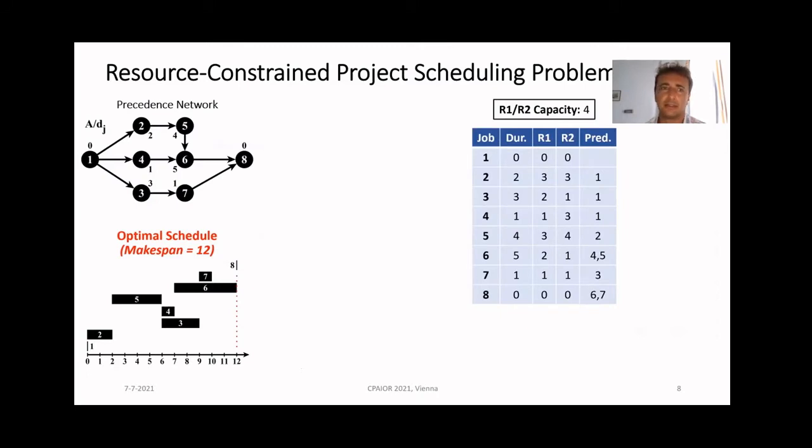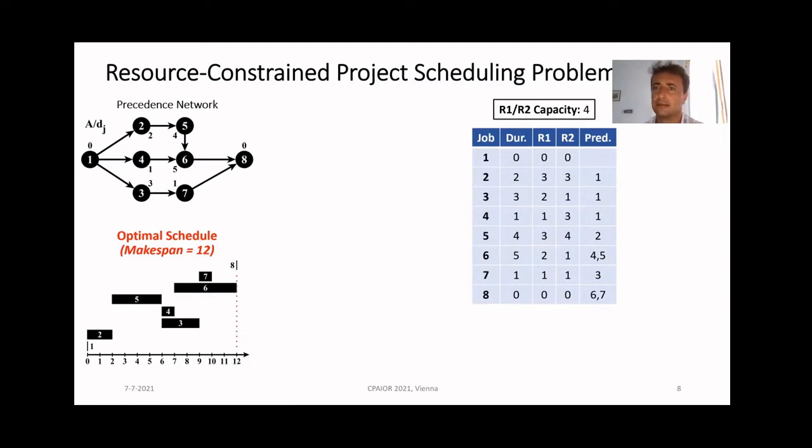This is a small example on this slide for an RCPSP. To the upper left, you can see the precedence network and also the durations of the jobs, and the lower Gantt chart shows us an optimal schedule for this tiny problem. To the right, we have the details that we're maybe not interested in right now. The makespan turns out to be 12 at best.